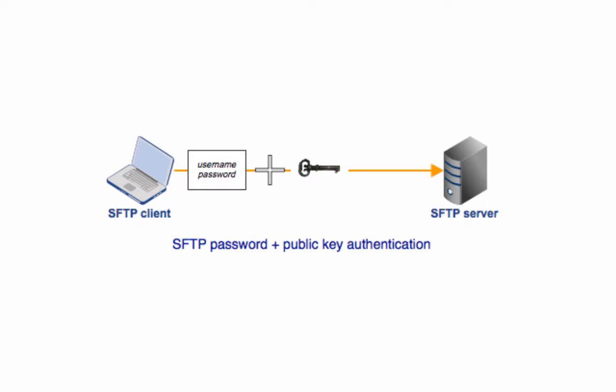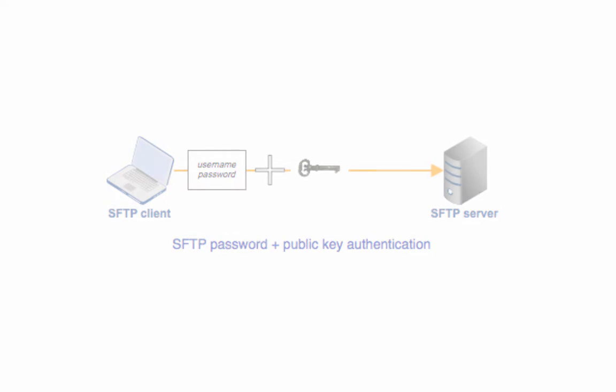It's a process that allows the server to authenticate the user based on something the user has, specifically the user's private key. When used in conjunction with password-based authentication, which authenticates the client based on something the user knows, the server can authenticate with a much higher degree of certainty. If you're not familiar with two-factor authentication and public key authentication, feel free to click the links below.